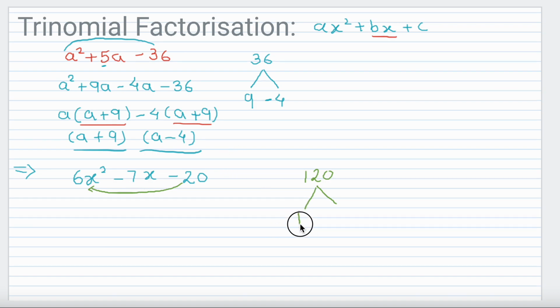So when you multiply 15 into 8, you will get 120. But here we want minus 7. So for that we have to take 15 as a negative number, minus 15. So when you add 8 you will get minus 7.